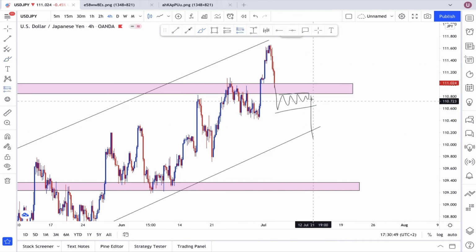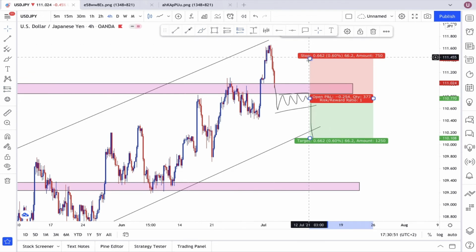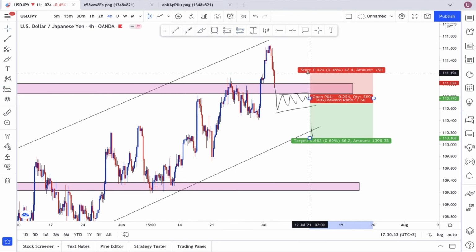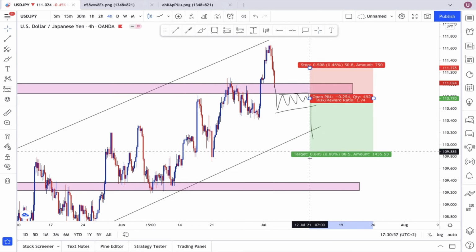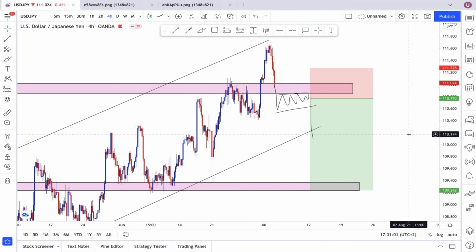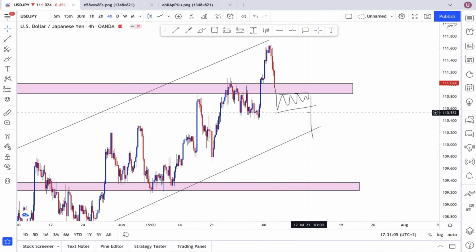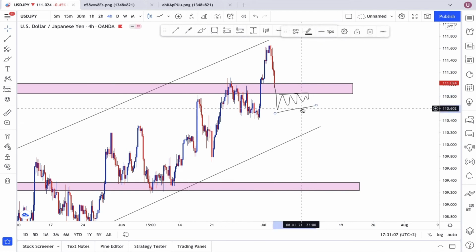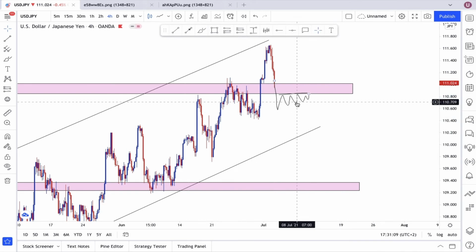And after the clear correction, I enter with a 50 pip stop loss, and my first target being somewhere around there. It's a good risk to reward ratio. It's a 1:3. Perfect.